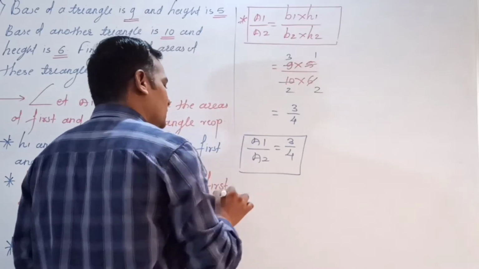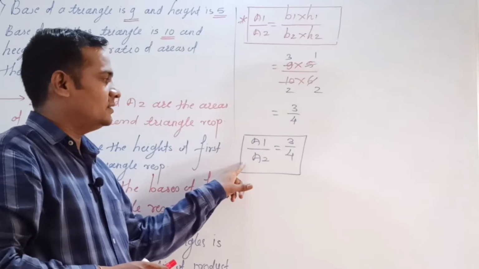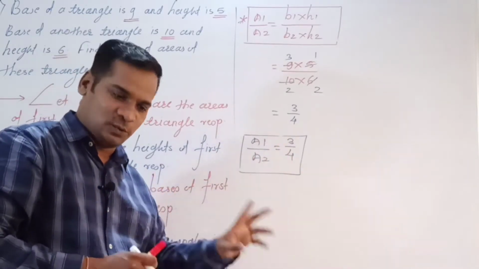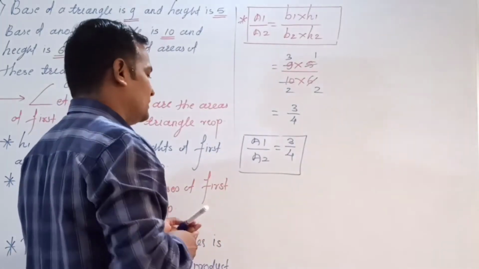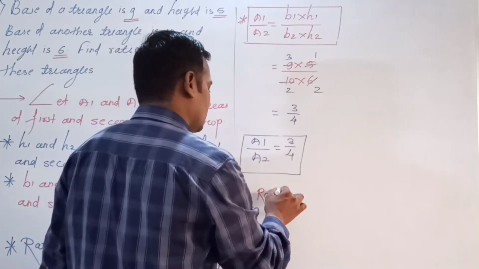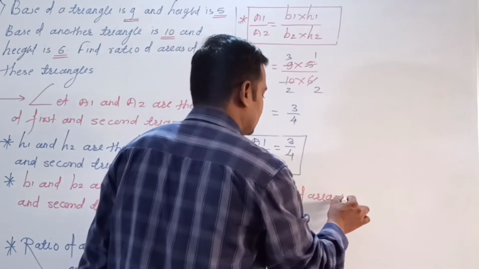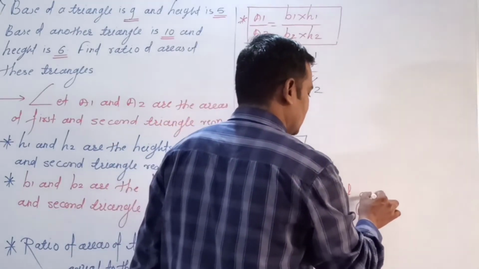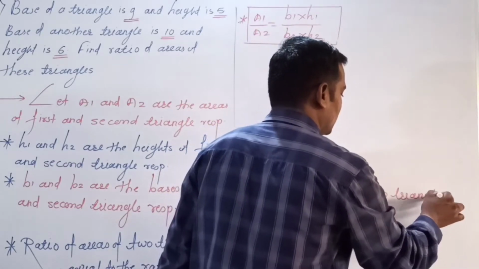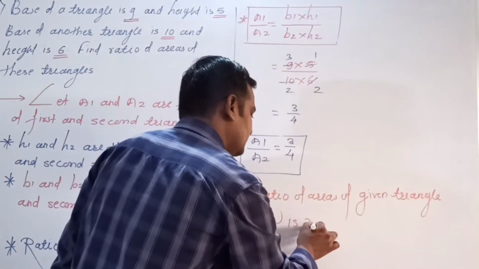This is the ratio of areas of the given triangles, 3 upon 4, that means 3 is to 4. Just write down the answer in words: the ratio of areas of the given triangles is 3 is to 4.